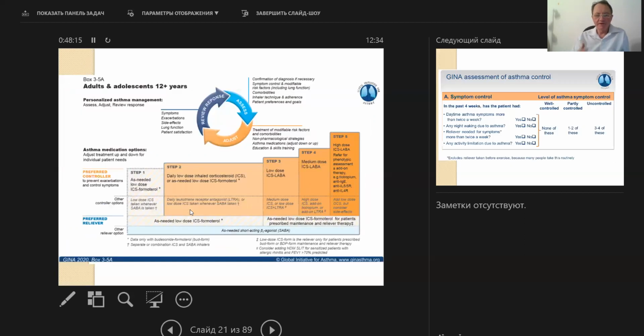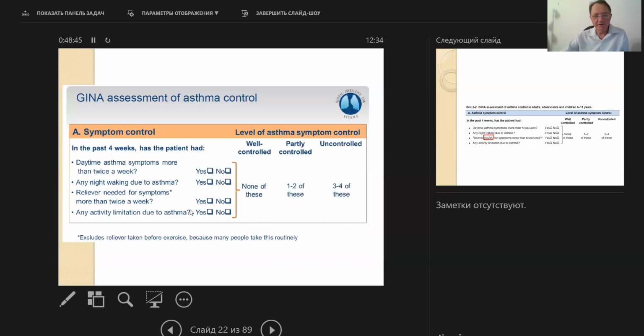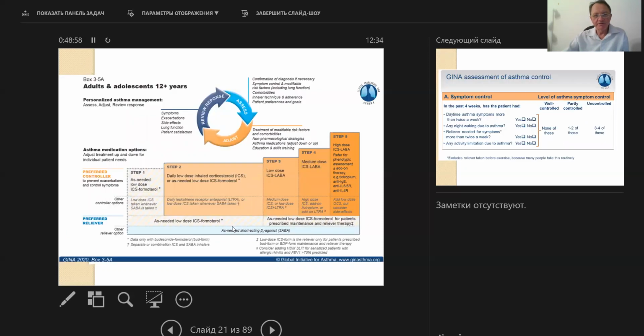But what should we do after we reach the asthma control? We should wait and sit on this plateau for at least 3 months, because a stable condition during 3 months is an indication for change of our treatment. For example, if the patient remains in this well-controlled condition, with none of these symptoms during 3 months, we can step down from the 5th step to the 4th step.